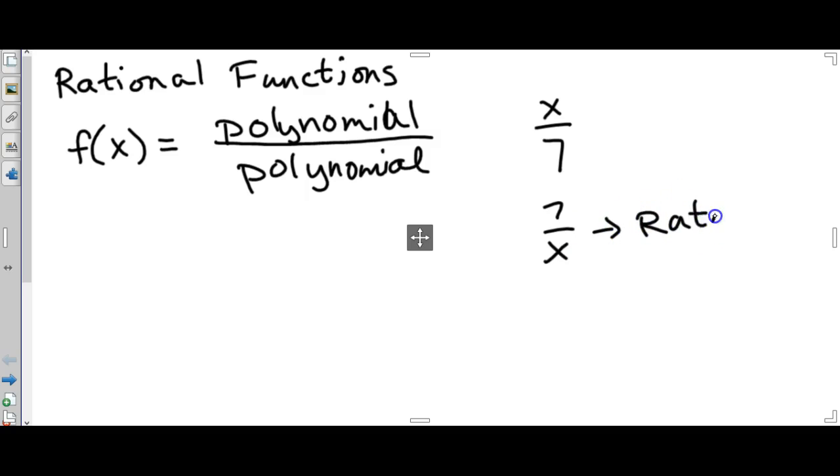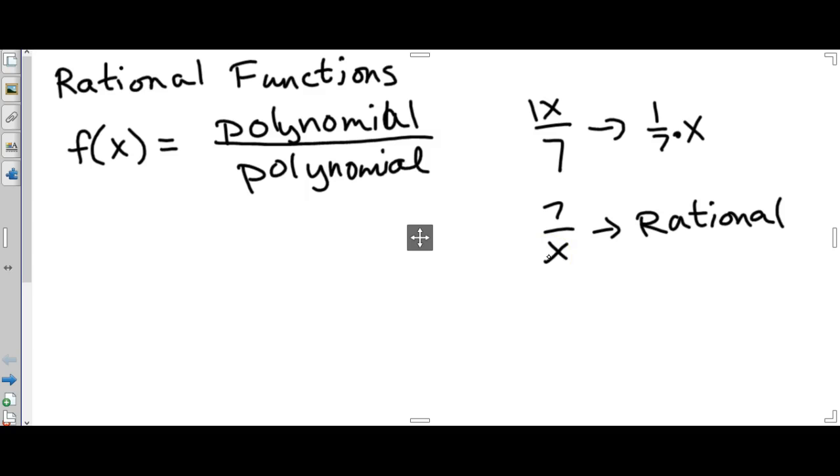But x over 7 is not considered a rational function because you could write this as 1 over 7 times x, which really means this is a linear function. It has just a constant times a variable instead of the variable being stuck in the denominator.